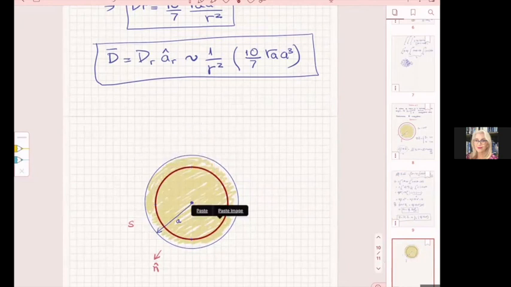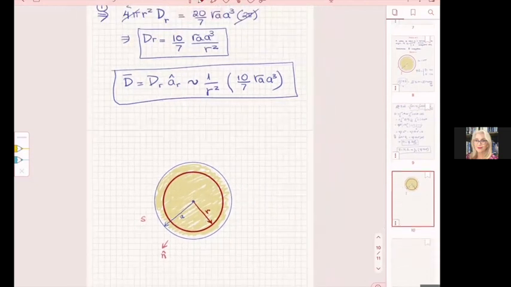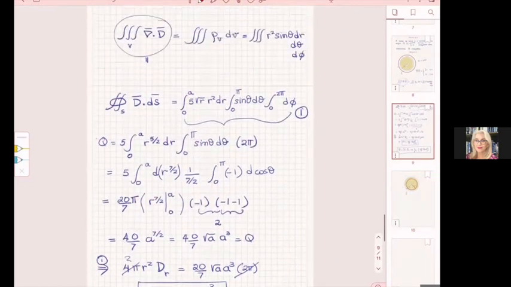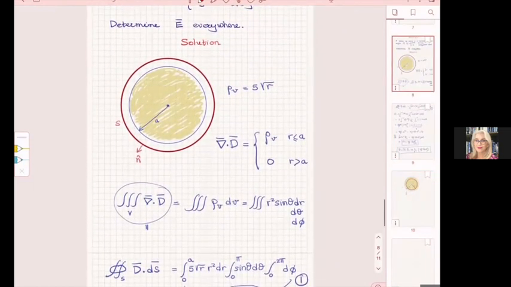We select any distance, and we call this R. Okay, now everything that we've done before is going to be the same with one exception. First of all, let me take this one.